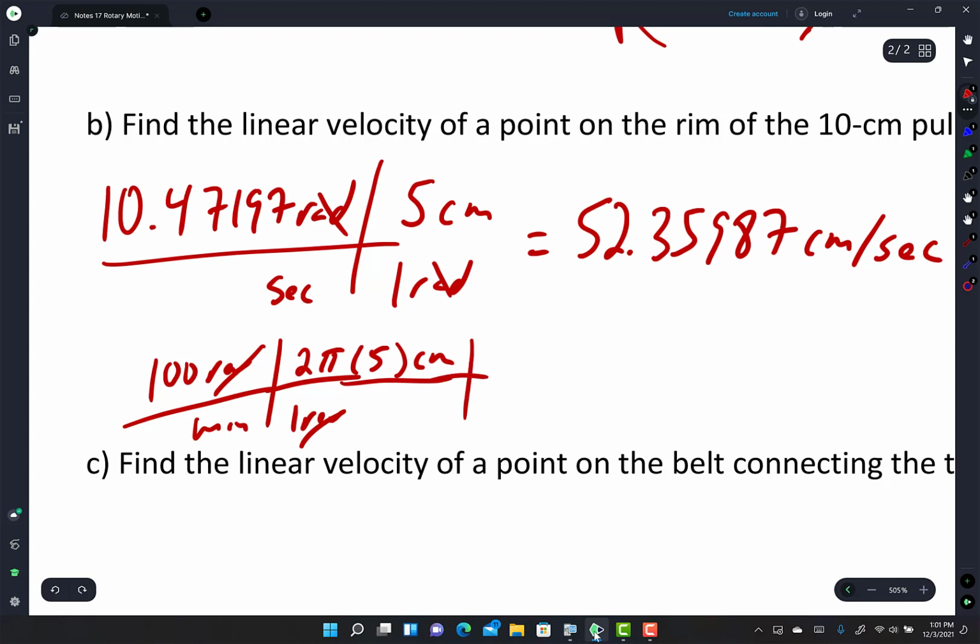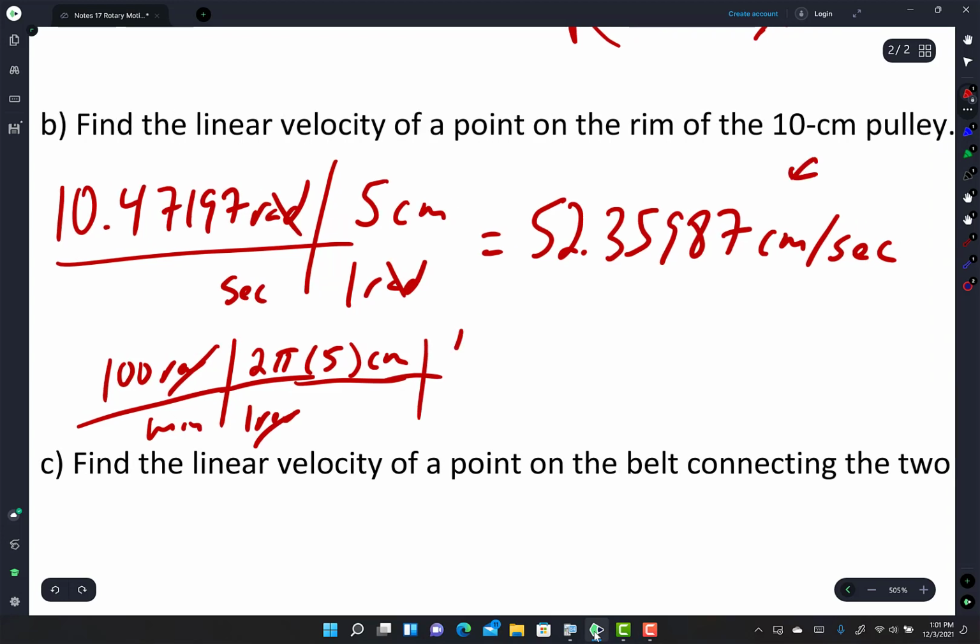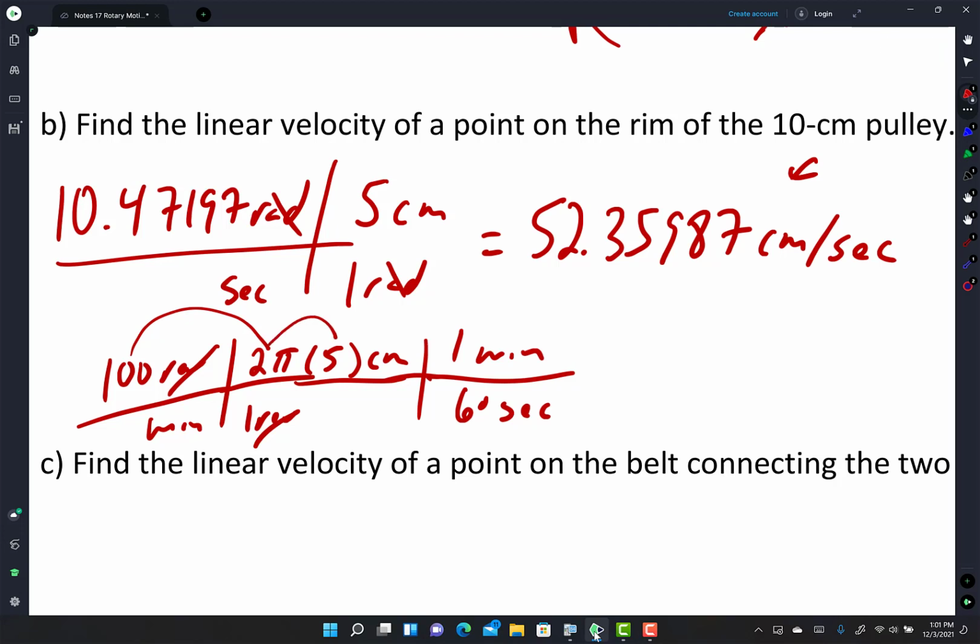And if you want to have it looking like this one per second, in 1 minute, there is 60 seconds. And if you think about it, look at the calculations. It's really the same thing. 100 times 2 pi, that would have given you the number that you got up there, times 5, divided by 60 would have given you that. It's the same calculations. Do you guys see that? Cool or not cool? Okay, perfect.